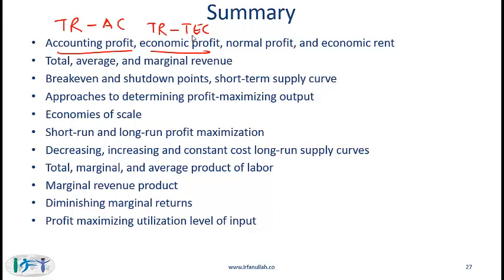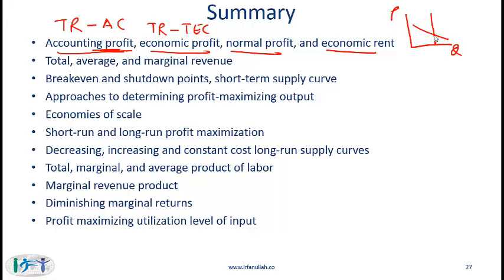Normal profit is the profit, or the accounting profit, that must be earned in order to meet all the implicit/opportunity costs, which are not accounted for over here. And economic rent can be thought of as follows. If you have price and quantity and you have an inelastic supply curve, there is a particular demand curve over here and this is your price.